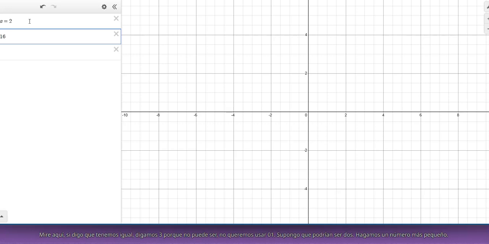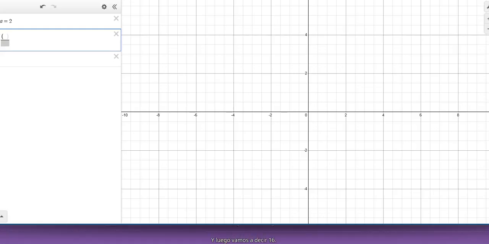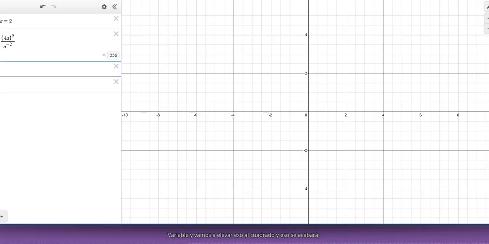And then we're going to say 16a to the 4th, sorry, the original problem was 4 times the variable, and we're going to square that, and that is going to be over the variable raised to the negative 2, and we want 256. So the answer we chose was 16a to the 4th, and that is also 256.